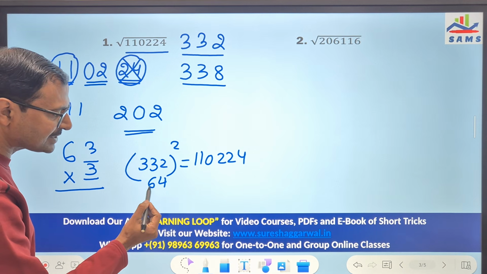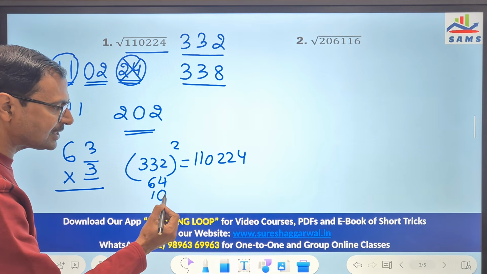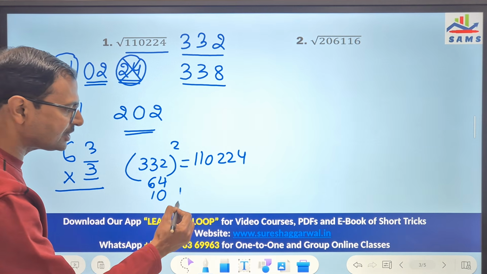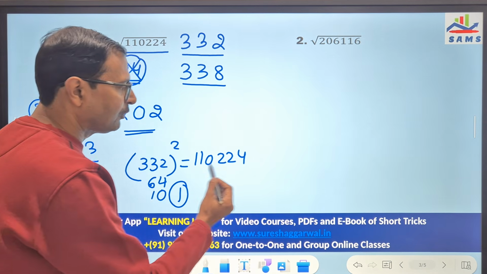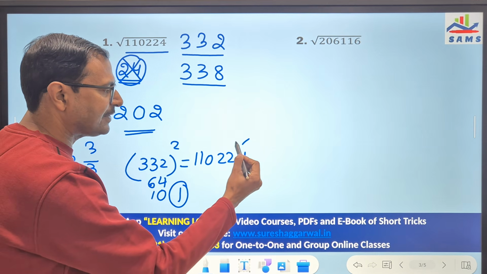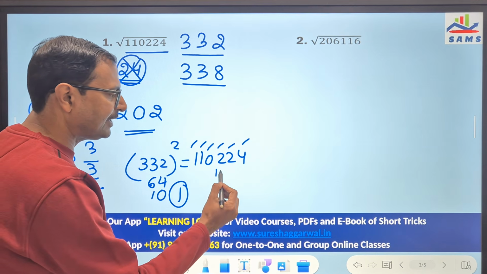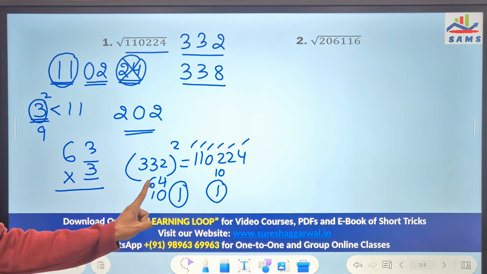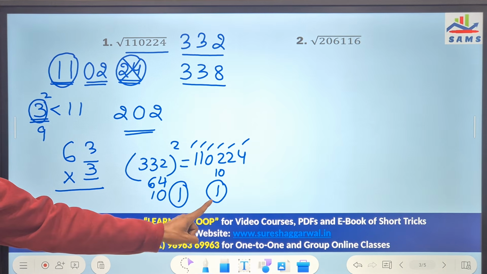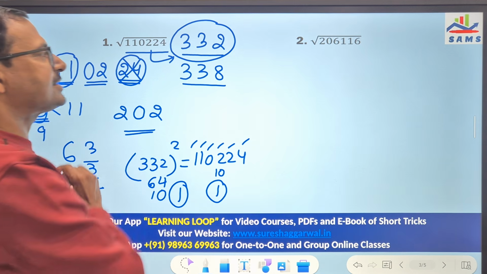Now when I add 6 and 4, I get 10, and 10 means 1 plus 0, 1. So the single digit of the left hand side, 332 square, is 1. For this, 4, 5, 6, 7, 8, 8, 9, 10. So we have 10, and 10 means 1 plus 0, 1. See, we obtained the same single digit on both sides, and therefore 332 becomes the square root of this number.